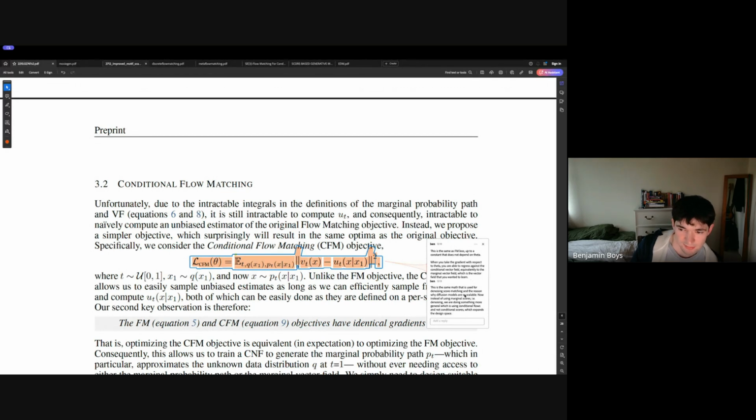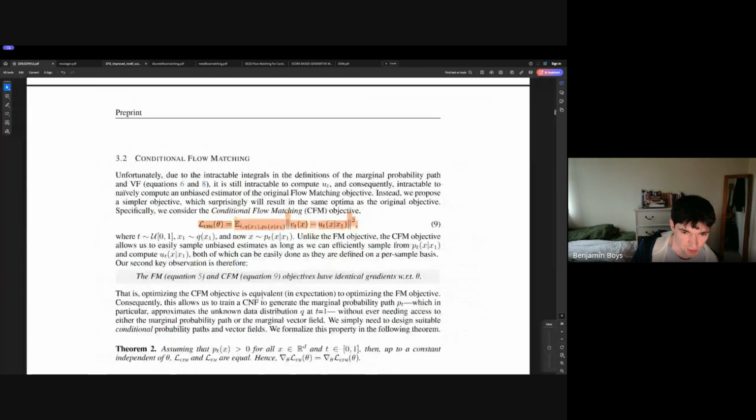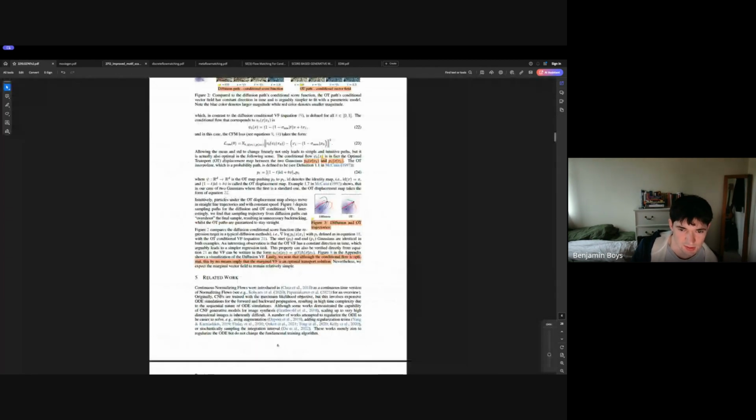This is the same math that was used for denoising score matching, and it's the reason why diffusion models are scalable, because they're simulation free. Now, instead of using marginal scores, denoising, we are now doing something more general, which is using conditional flows and not conditional scores, which expands the design space. And so what problem does that help you solve?